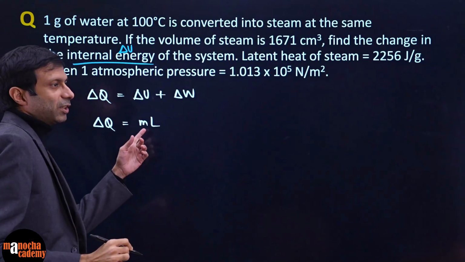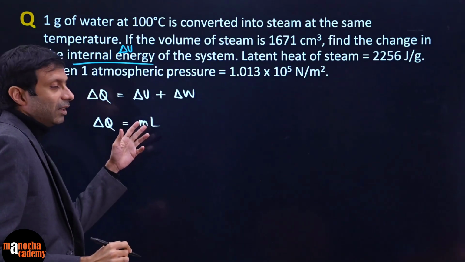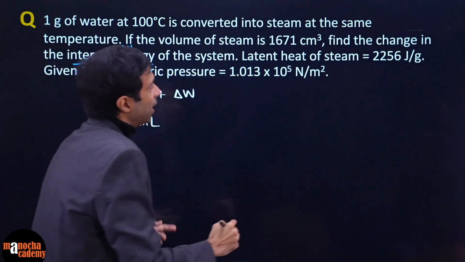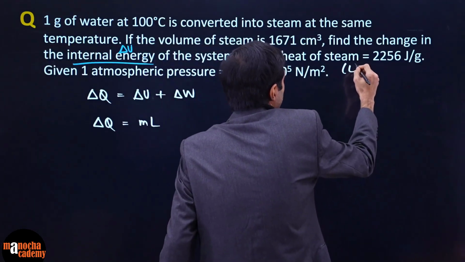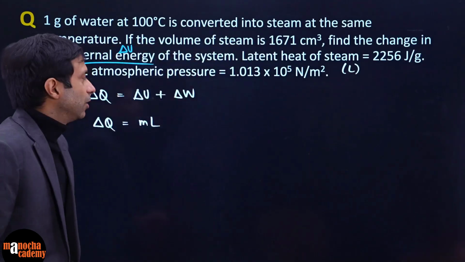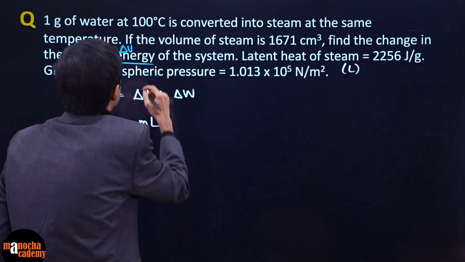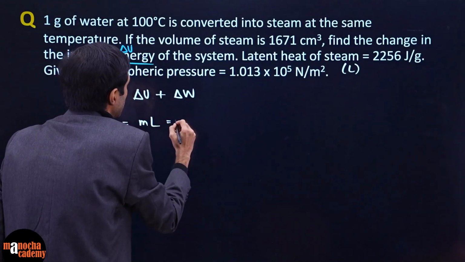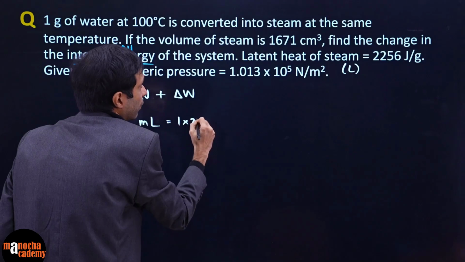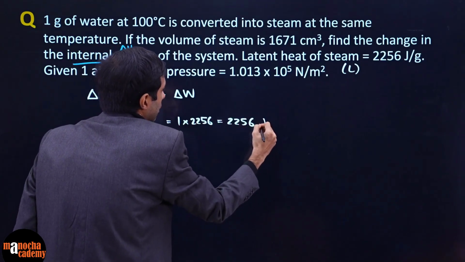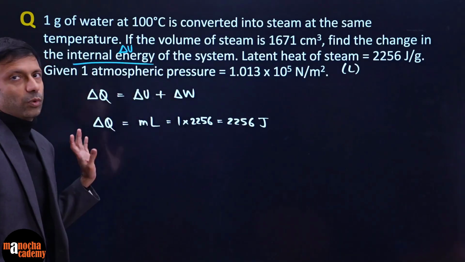Where this is the specific latent heat, the heat required per unit mass. So we will use mL, and latent heat is given to us. Do you guys agree? So Q is simple to calculate, and they have given 1 gram of water. So this is simple, 1 times 2256, which is 2256 joules. So much heat, delta Q, was supplied to the system.